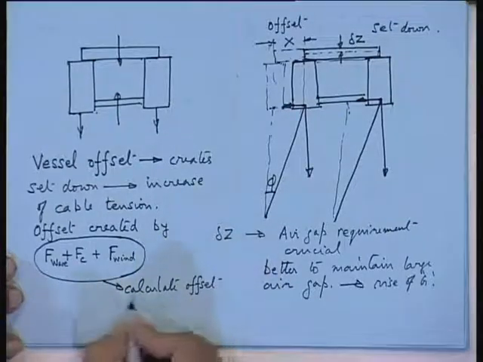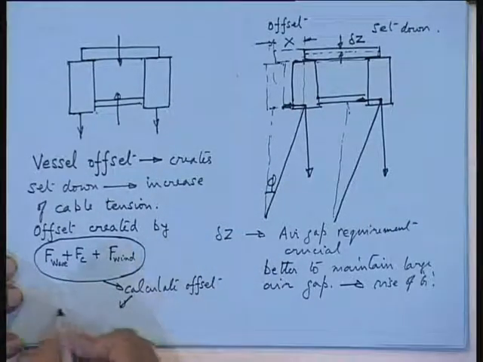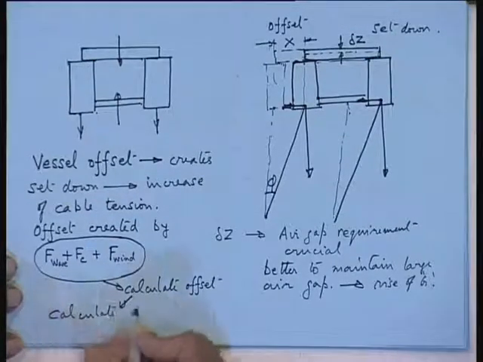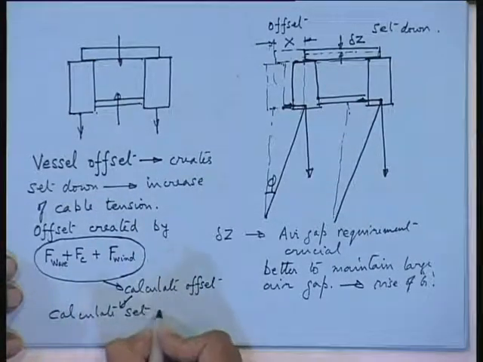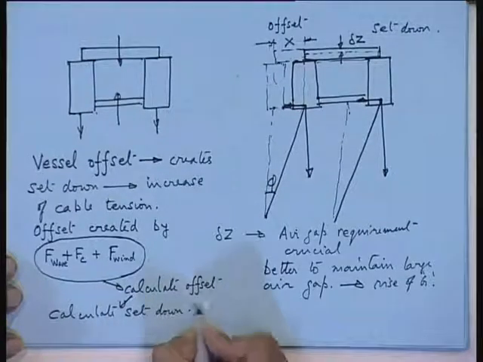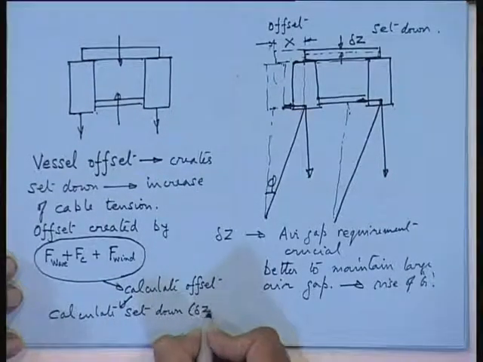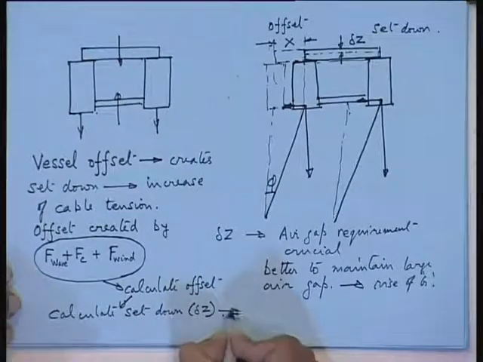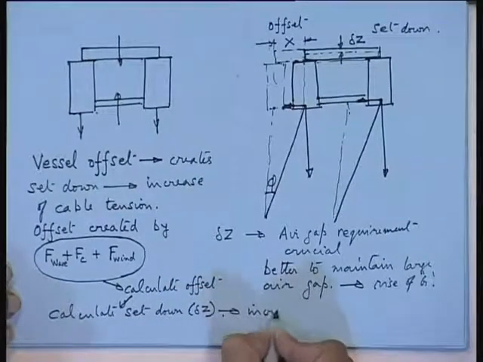And after you calculate offset, you calculate set down. This is your delta z, and after this you calculate increase in cable tension.